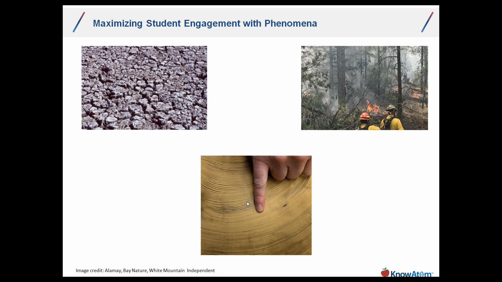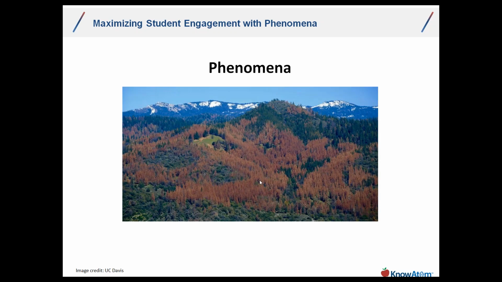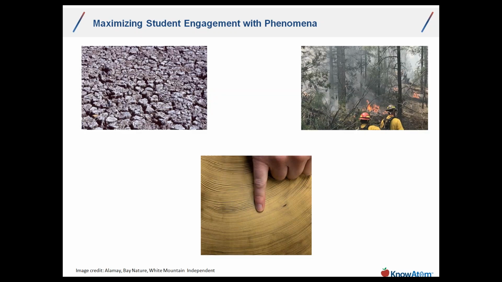well, how old are the trees? Perhaps they have reached the end of their life cycle, or perhaps it's a cycle of drought, and we could look at the thickness of the rings. And so now a task like counting rings has purpose based on the phenomena in the discussion that we've had as a group, and the implications of something like dead trees or something like drought.